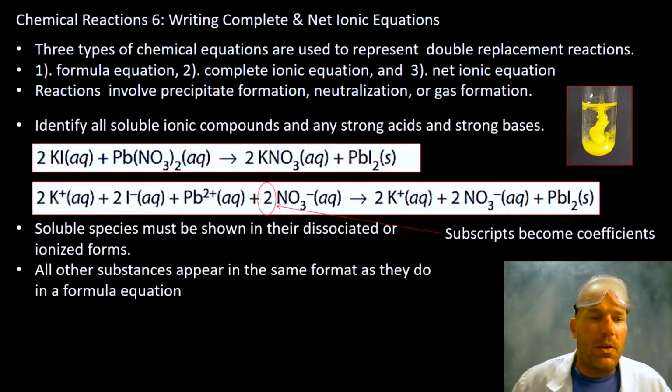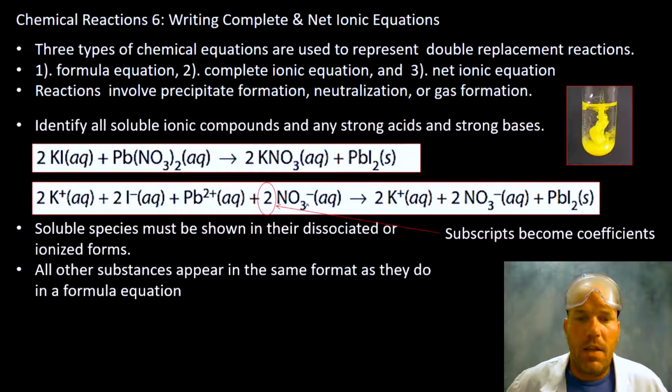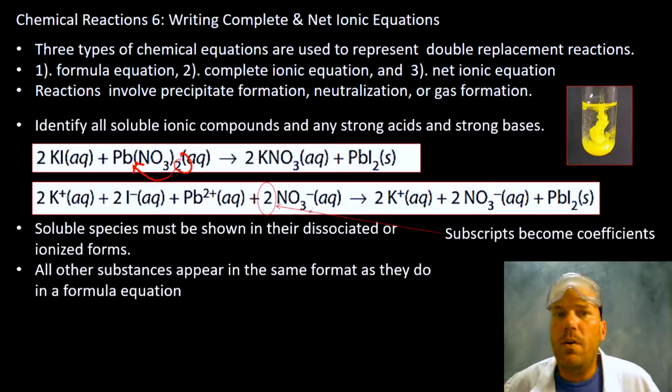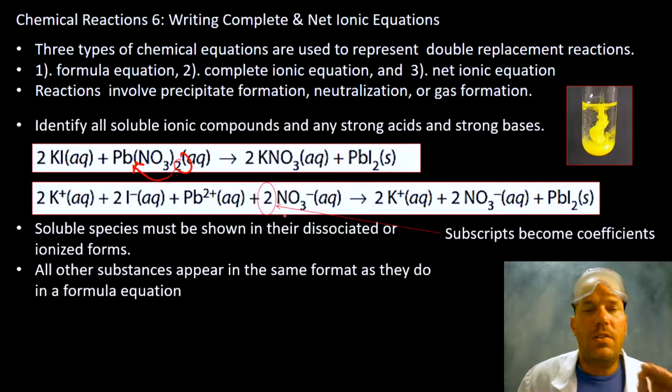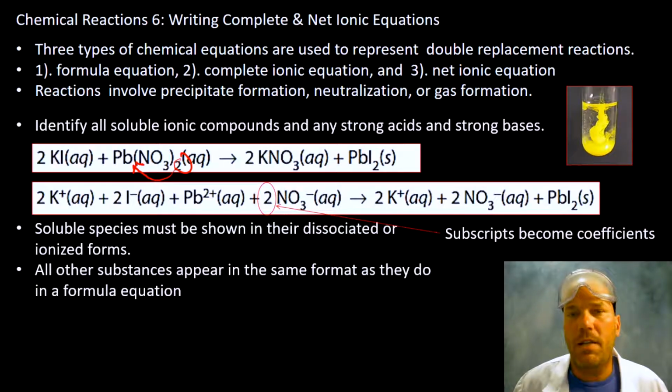One thing you may notice as you go across here is we are taking the subscripts, and they're going to become coefficients. Now, there are some critical pieces to writing these equations. For one, you want to always include states of matter.